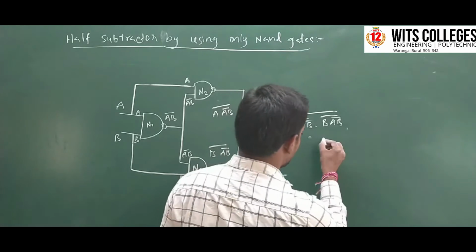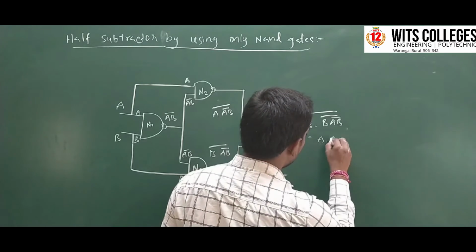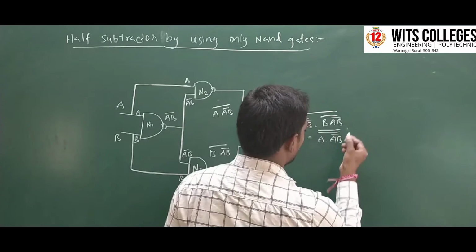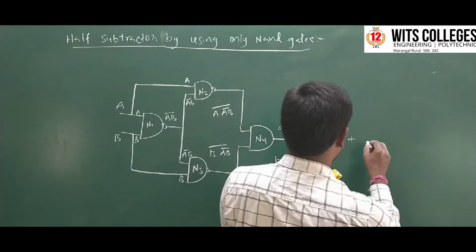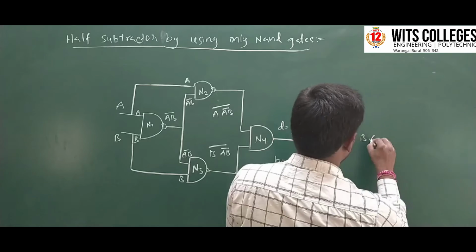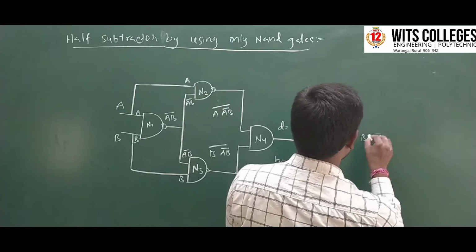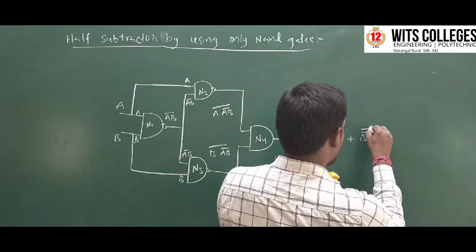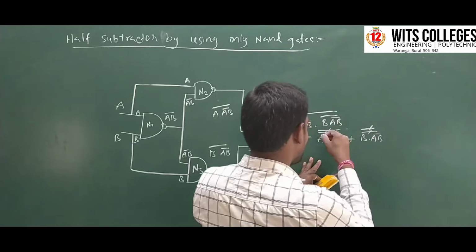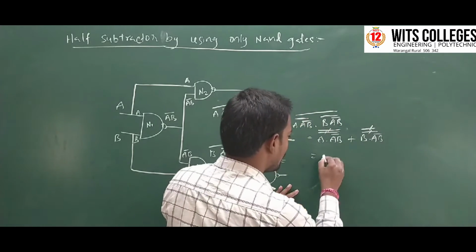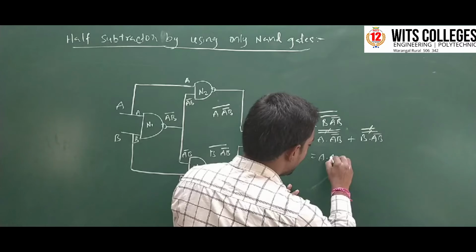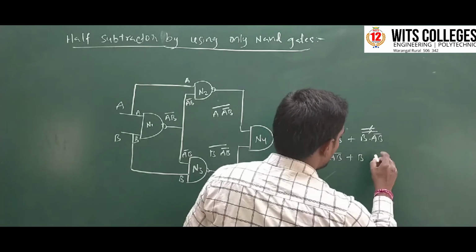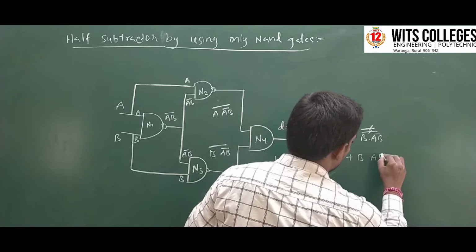So this can be written as A into AB whole bar and again whole bar, plus B into A into B whole complement. Okay, so here both complements are cancelled, that is equal to A into B whole bar plus B into A into B whole bar.